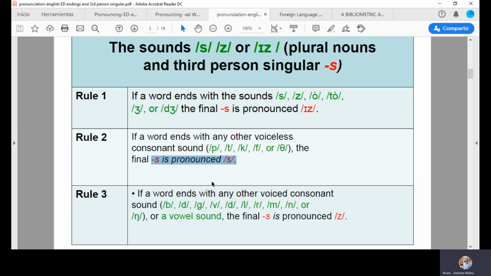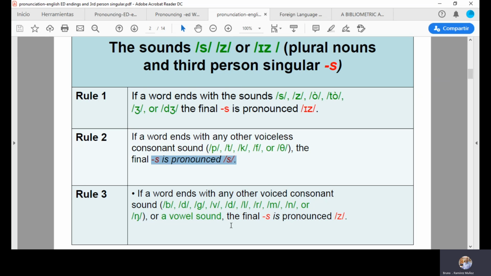And the last one presented in this PDF file is: if a word ends with any other voiced consonant sound, such as b, d, g, v, m, n, or a vowel sound, because all vowel sounds are voiced, as you already know, the final s is pronounced z.